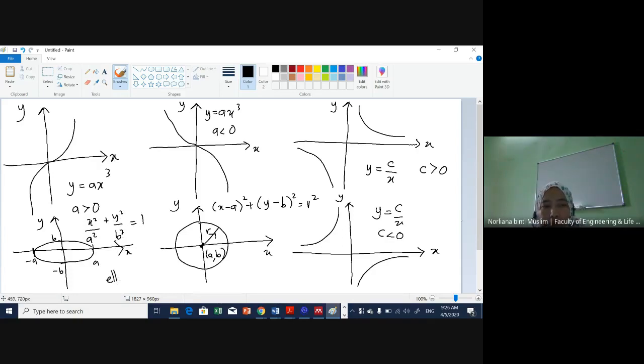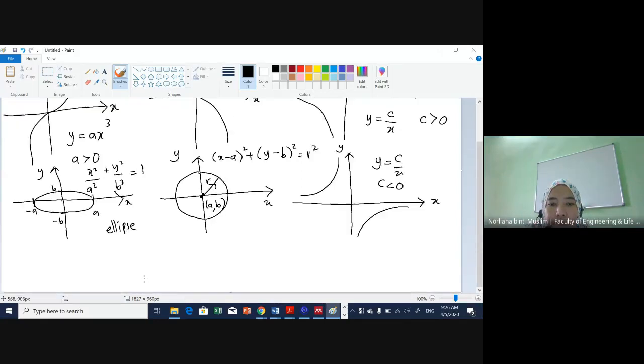Okay, so this is the ellipse function. Okay, then this is the last one. So this one, this is hyperbolic function.